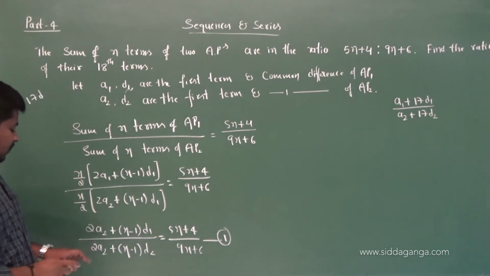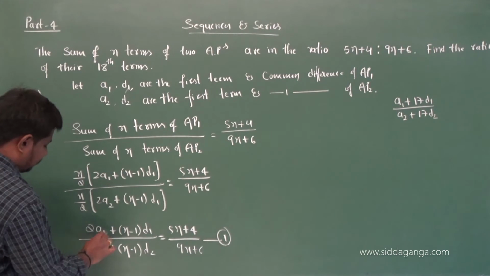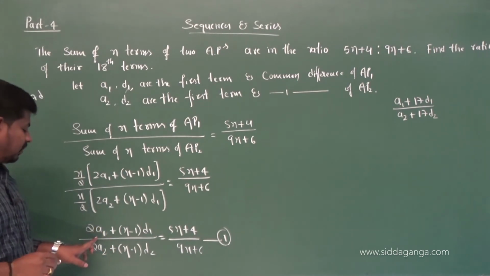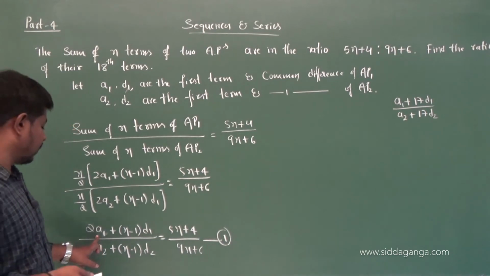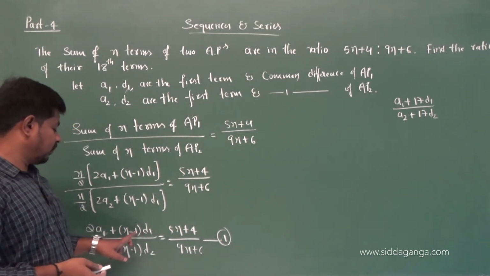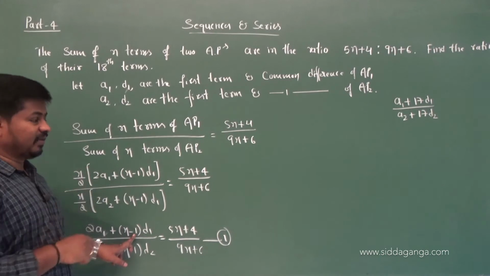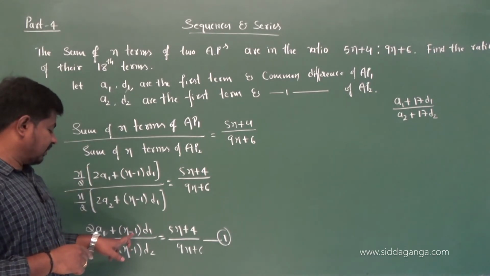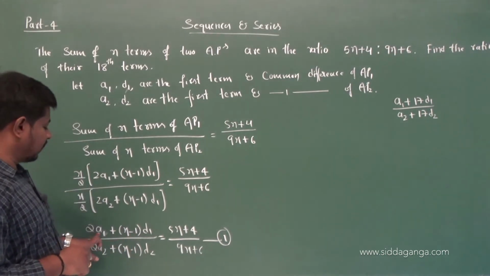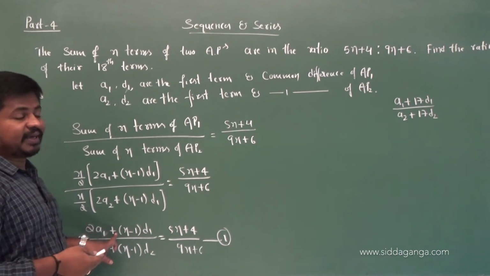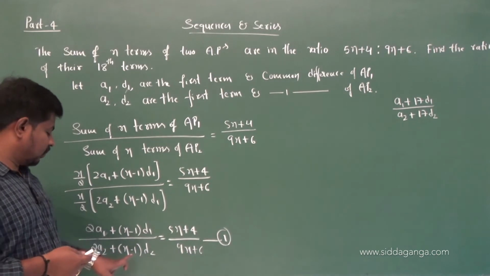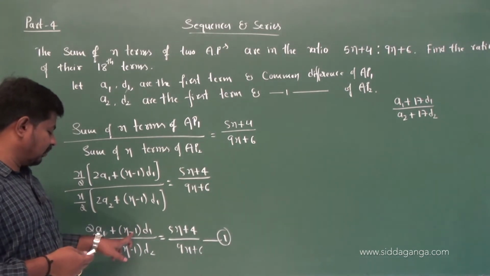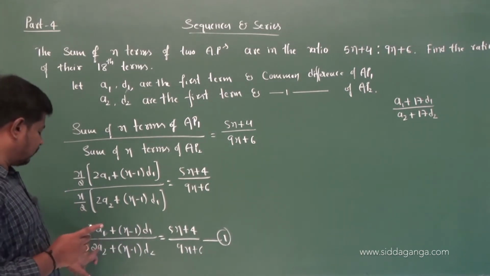See here, instead of a1 we have 2a1, double of a1, plus n minus 1 into d1. So here you should get 17d1, right? Whenever you get a1 plus 17d1, that becomes the 18th term. Here also a2 plus 17d2. So in this place you have to get 17, in this place 17, in this place a1, in this place a2.